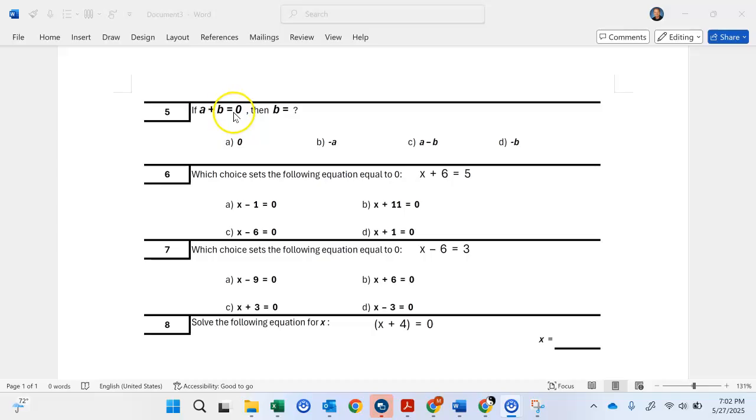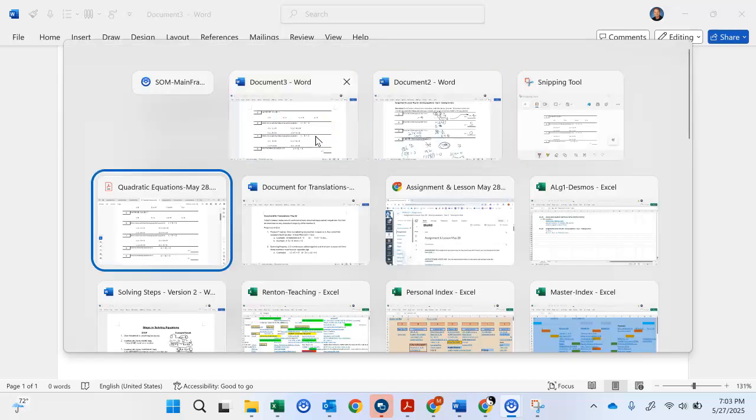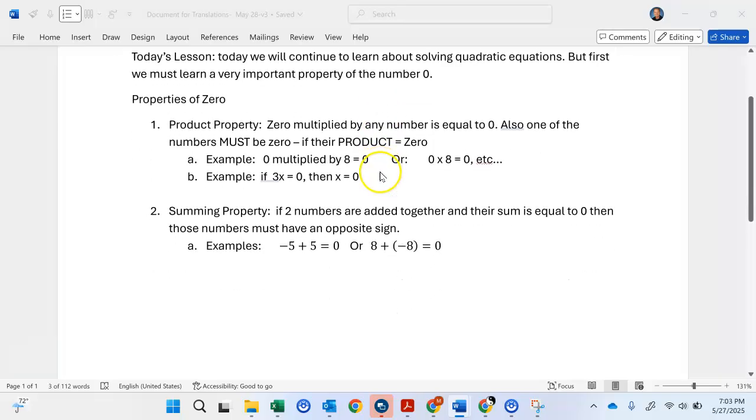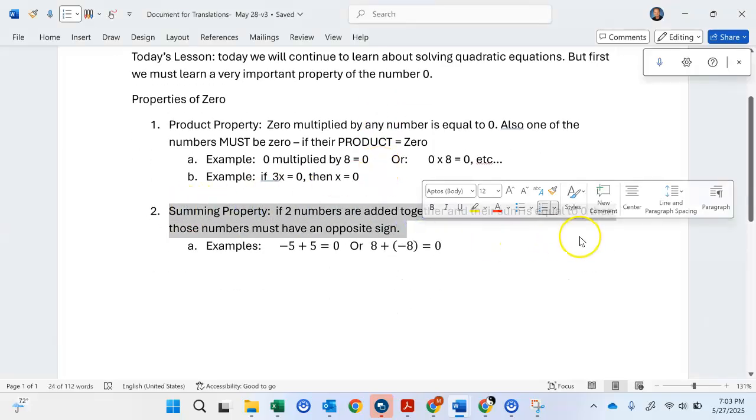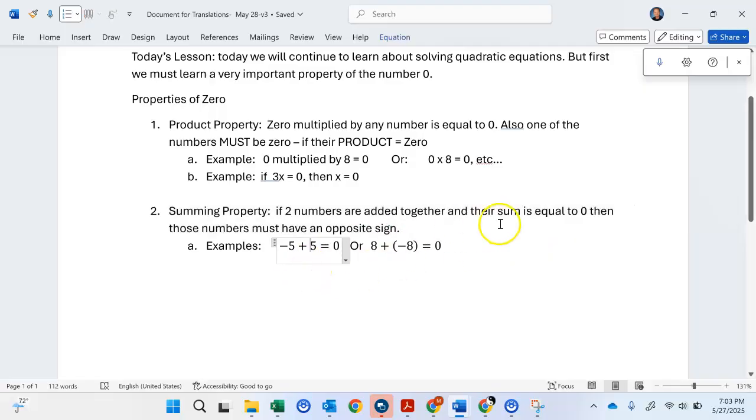Okay, the next one here, we just have letters. If A plus B equals 0, then B is equal to what? Now we're going to go back to the summing property. Please go ahead and read this, but basically what it says is they must have opposite signs, like -5 and 5, or 8 and -8 if they equal 0.